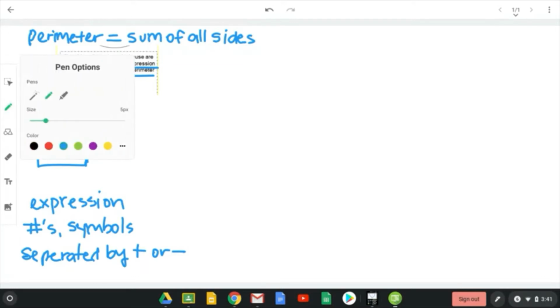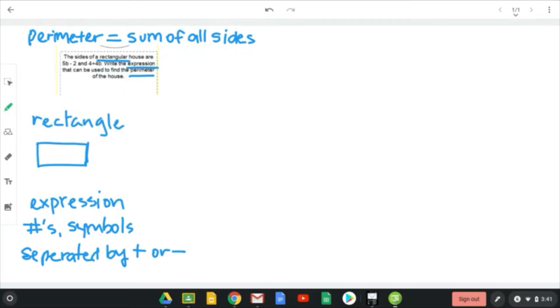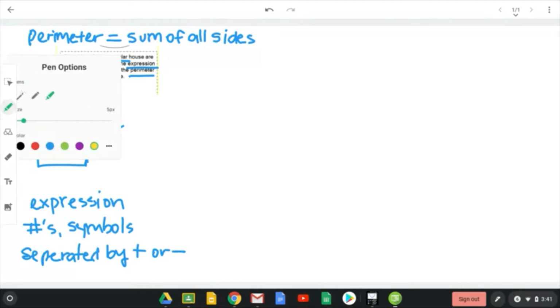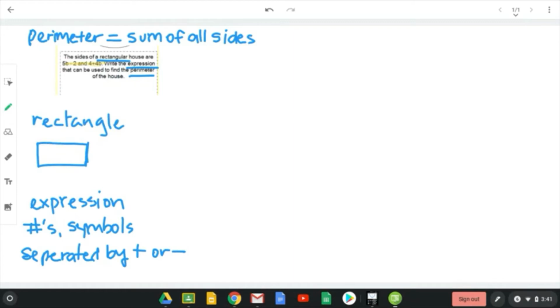Okay, now I'm going to take my highlighter and highlight important information. And important information here are the side lengths of this rectangle. I've highlighted them in yellow. Okay, now let's go to our plan. Well, I want to draw this rectangular house that we're talking about.